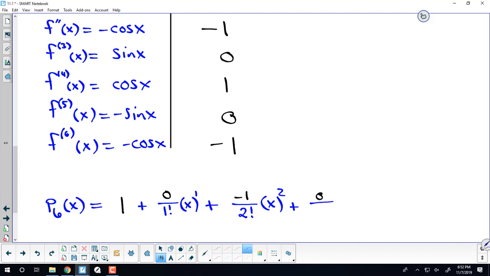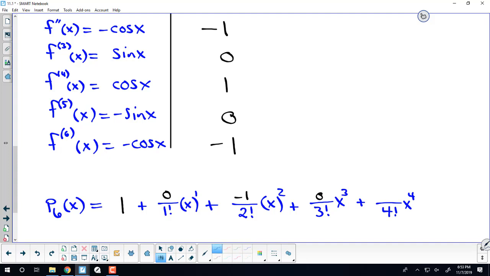And that's coming from the third derivative, so let's just write it out so we're getting accustomed to the pattern. 0 over 3 factorial x cubed. Next term, coming from the fourth derivative, over 4 factorial times x minus 0 to the fourth.